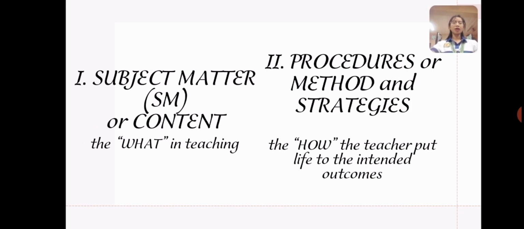Here are the two intended learning outcomes. First is the subject matter. The subject matter or the content comes from a body of knowledge that will be learned through the guidance of the teacher. It is the what in the teaching, or it is the content, or it is the lesson that is being taught to the learners or the students.